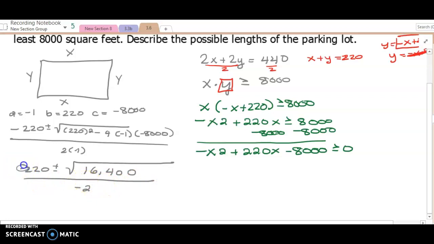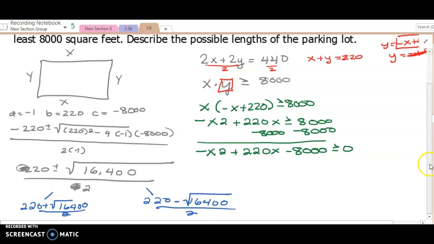So from here, I have 220 plus the square root of 16,400 over 2, and 220 minus the square root of 16,400 divided by 2.